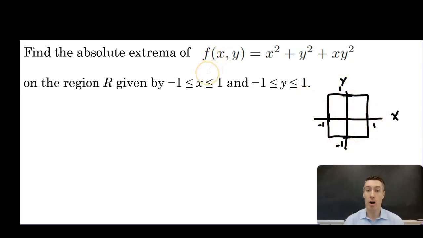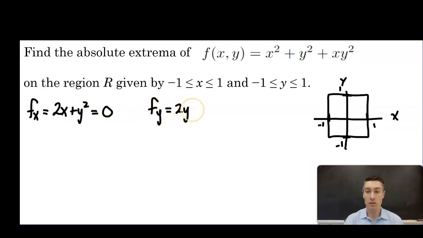First thing, let's find our partial derivatives and see if there are any critical points inside of the region. So partial with respect to x is 2x plus y squared. We're going to set that equal to 0. Partial with respect to y is 2y plus 2xy equaling 0. We can use the partial with respect to y, factor out 2y, 1 plus x equals 0.